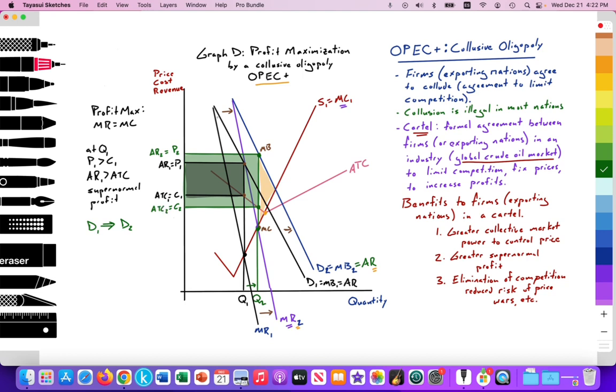Okay, so when the demand curve shifts out, yes, we do see the supernormal profit has increased. So D1 shifts out to D2. So now at Q2, we can see that the price of P2 is greater than the costs of C2, or AR2 is greater than ATC2. And so the firm is generating more supernormal profit.